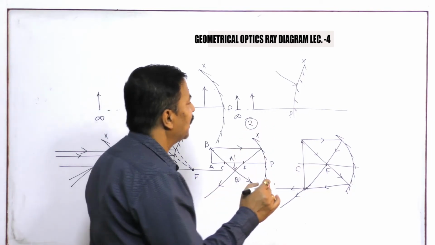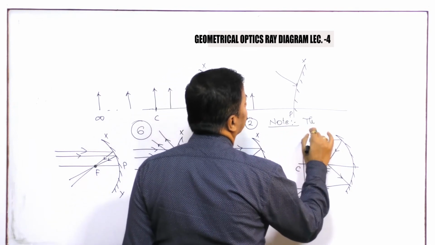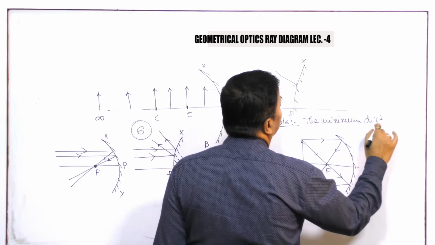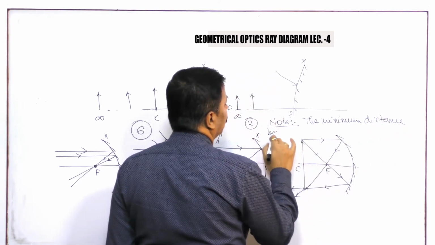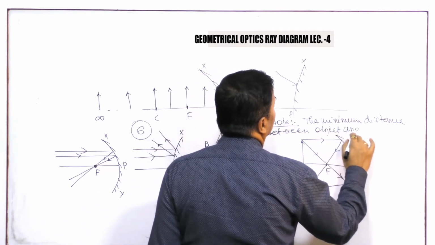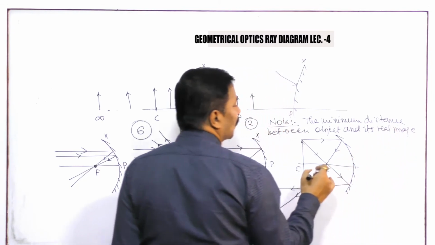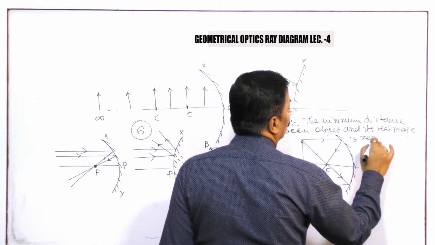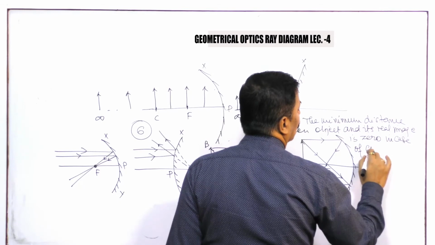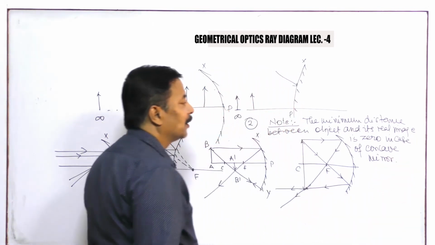So this thing I will write as a note: the minimum distance between object and its real image is 0 in case of concave mirror. This thing has to be remembered.